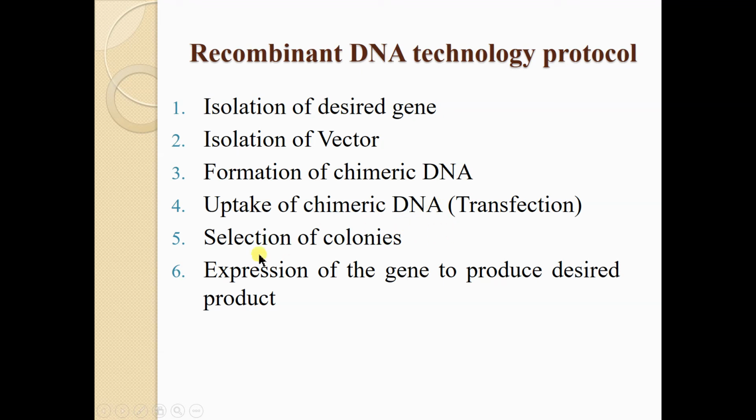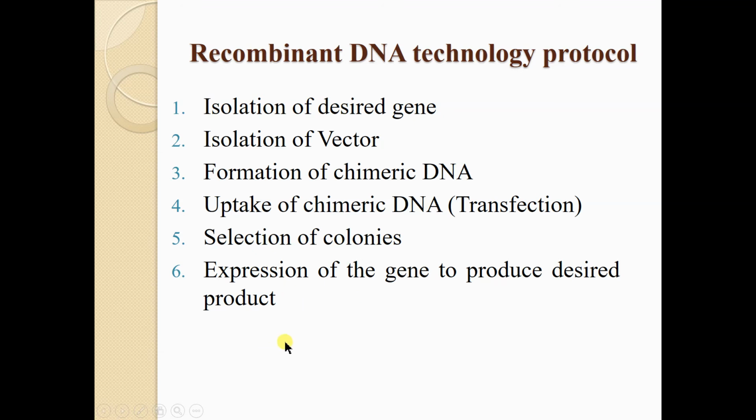After their synthesis, we have to select the special colonies which contain our chimeric DNA molecules, or gene of interest. Then, after selecting the chimeric DNA molecule containing our desired gene, expression of that gene is carried out, which will produce a large number of the desired proteins that we actually want.